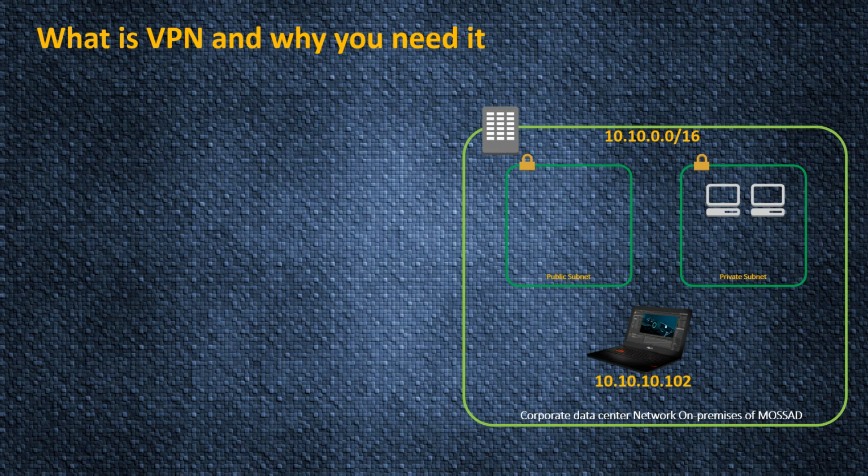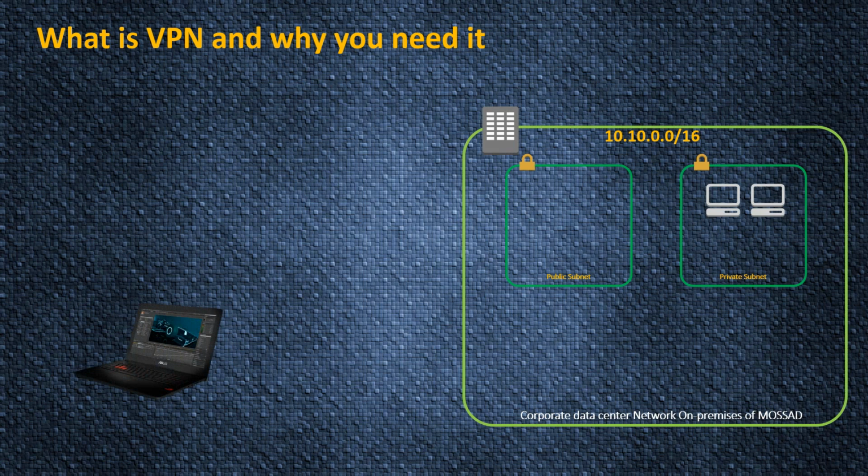You have access to all the servers, everything works fine. Then you went home, or you went on a mission somewhere in another country, or to your neighbor Starbucks, and you connected to the local network in Starbucks or in another country, or a motel, or just somewhere, and you get some IP address, and with this IP address you need to access private subnet servers in your Mossad network.